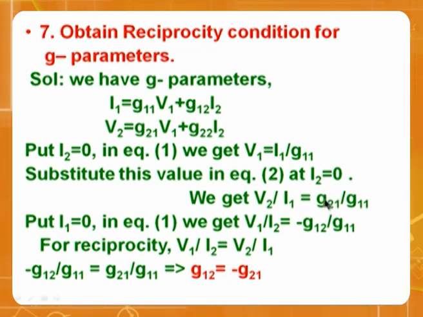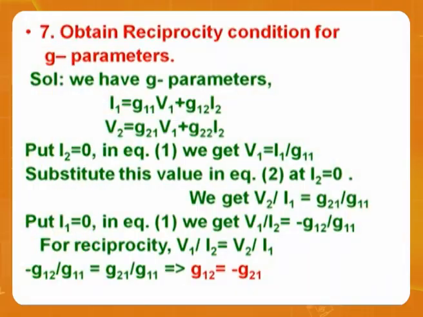Put I1 = 0, V1 by I2 becomes minus G12 by G11. For reciprocity, if you equate them, you get G12 is minus G21. That means whatever is valid for G parameters is also valid for H parameters. So that is called the reciprocal condition.